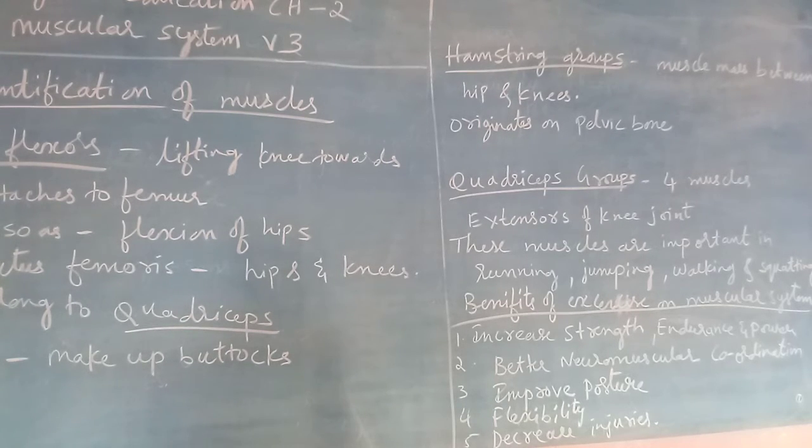Stamina will be built. So while performing a game, or if you want to play any kind of game, first you have to perform all these exercises so that everything, biceps, triceps, quadriceps, hamstring group of muscles, has to be stretched and they should be in particular stability.